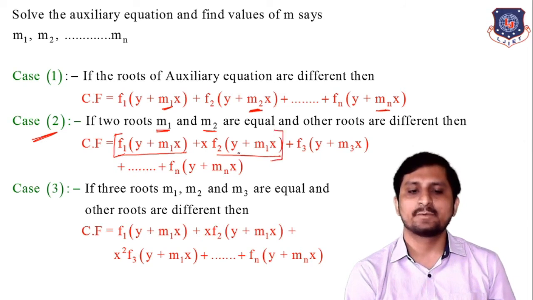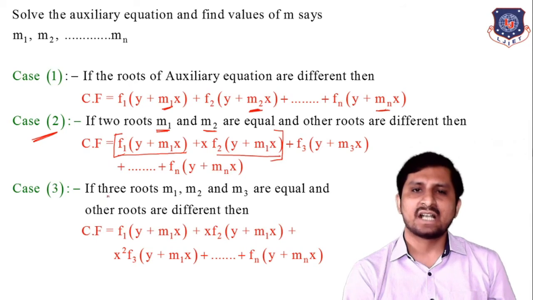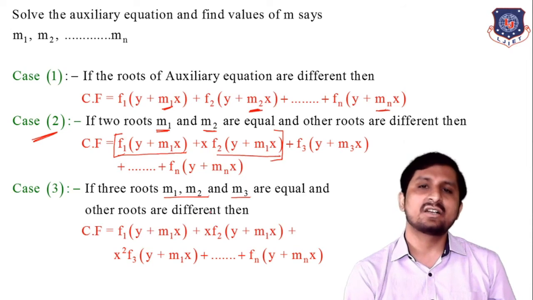That is f1(y + m1x) plus x into f2(y + m1x). Now the other roots are different, so you can write them as they are: f3(y + m3x) up to fn(y + mnx). Now suppose three roots are equal, m1, m2 and m3, and the other roots are different.